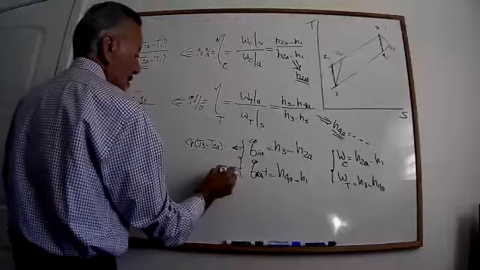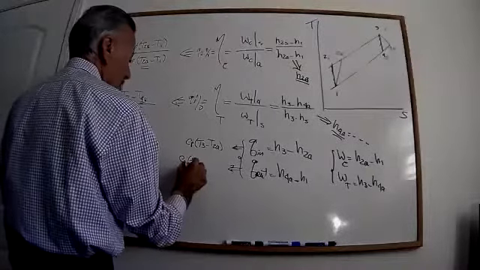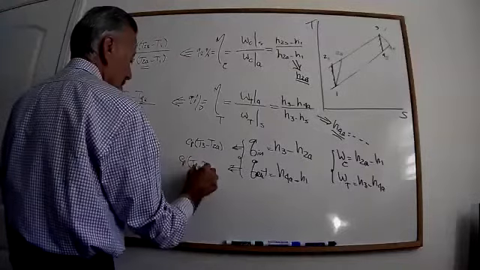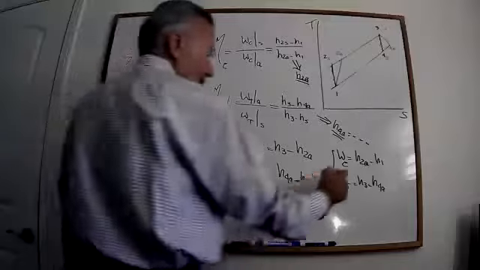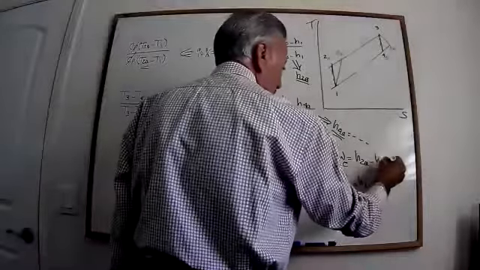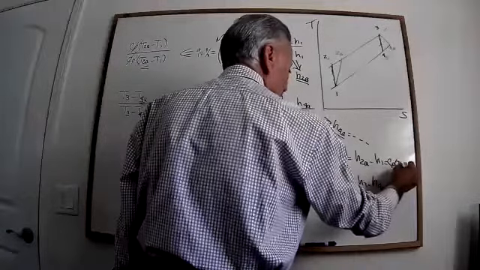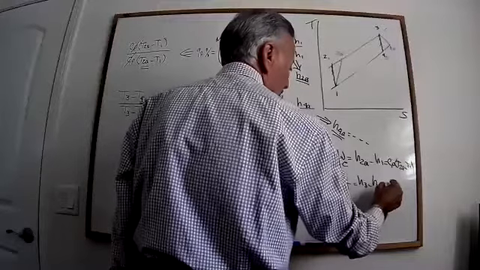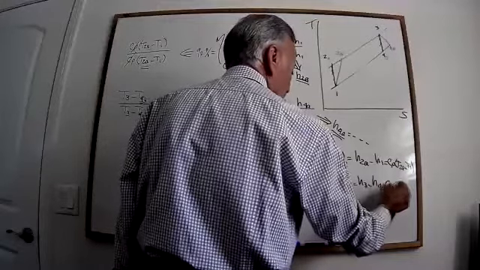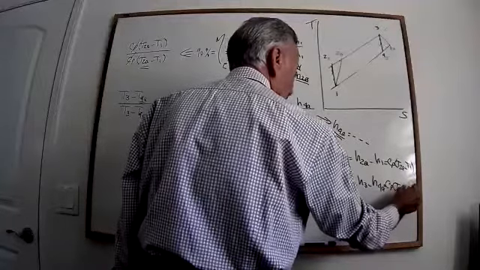If you want to find the Q out, that would be Cp times (T4a minus T1). Similarly here, it becomes Cp times (T2a minus T1), and this becomes Cp times (T3 minus T4a).